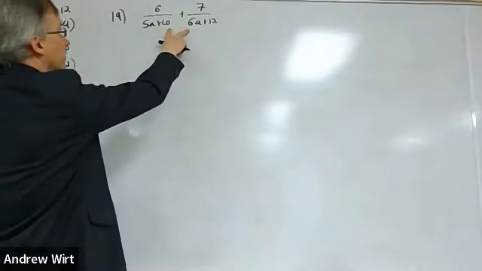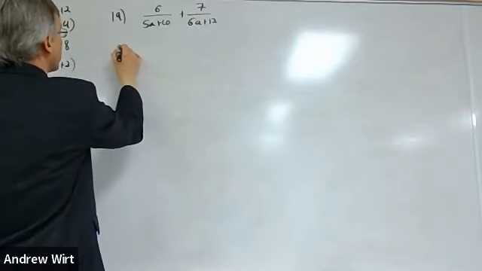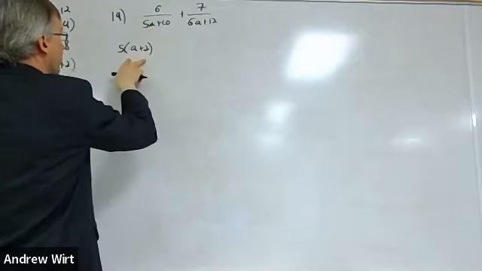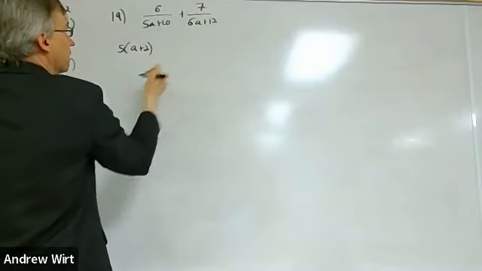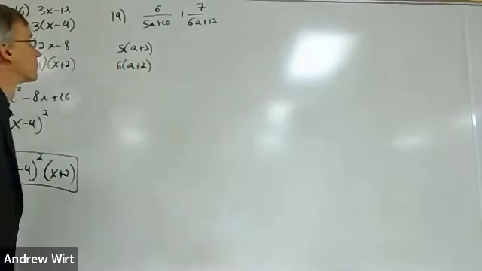So we'll start by looking at these denominators. We're going to do the same thing we did before. Let's factor both of these. For 5a plus 10, we get 5 times a plus 2. And here, we get 6 times a plus 2.